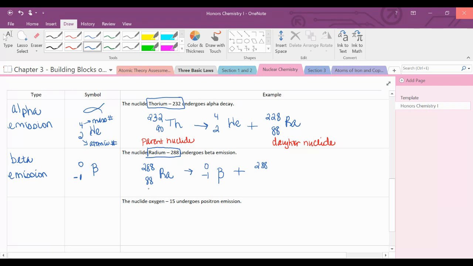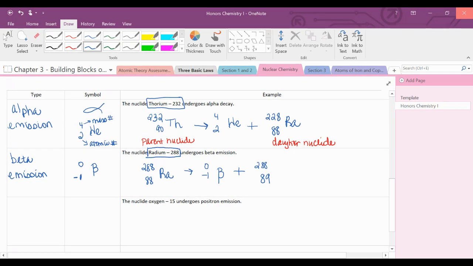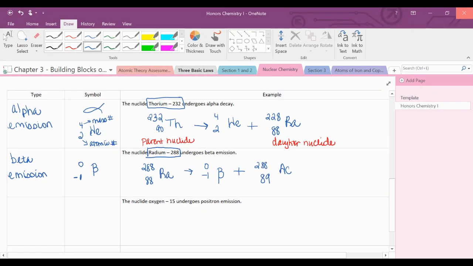And if we take the atomic number of my parent nuclide and we subtract the atomic number of my beta particle, so remember we changed the sign. So we're really adding these two together. So this is going to give me 89 here. We're going to find 89 on the periodic table, and its symbol goes here. So this is actinium.